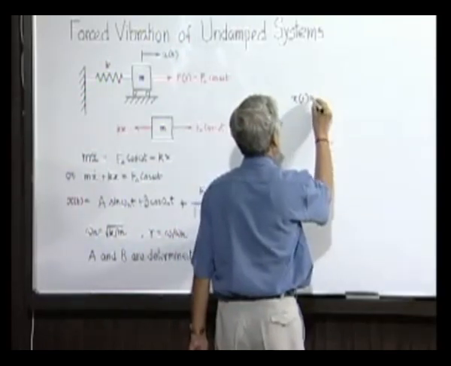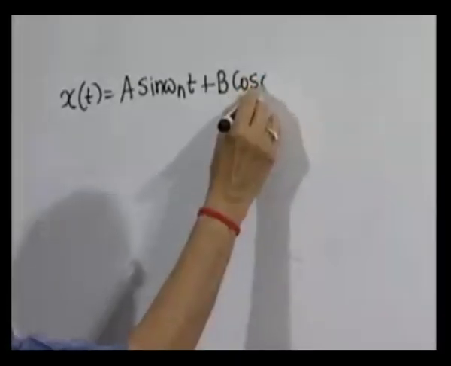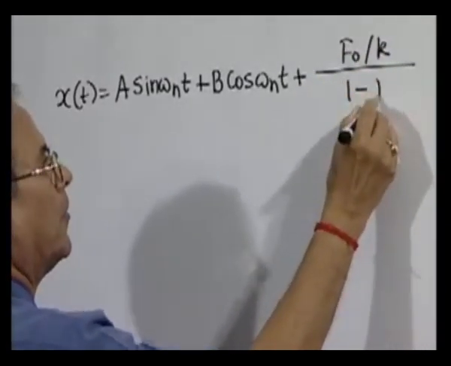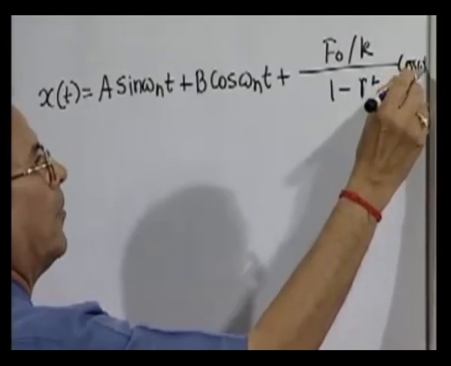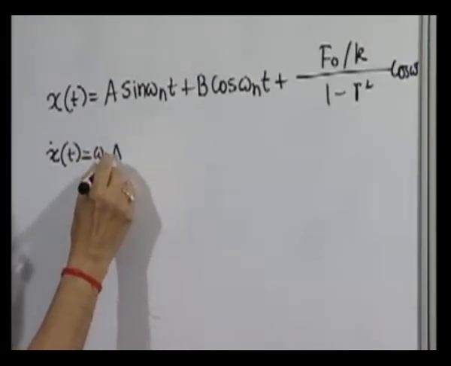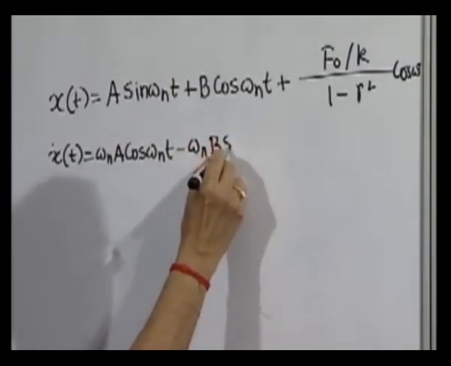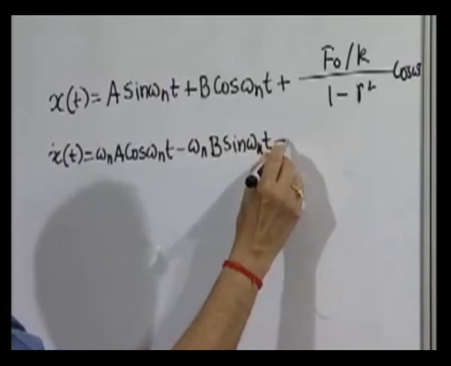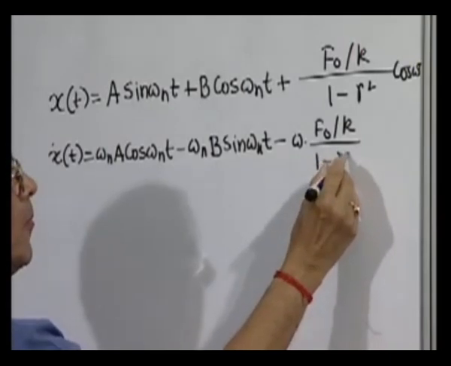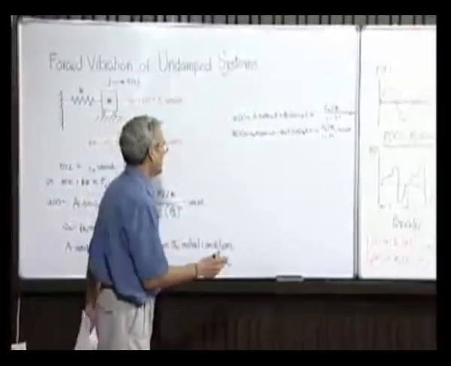So we know x(t) is equal to A, so x dot (t) will be, and let us consider a relaxed condition to begin with.